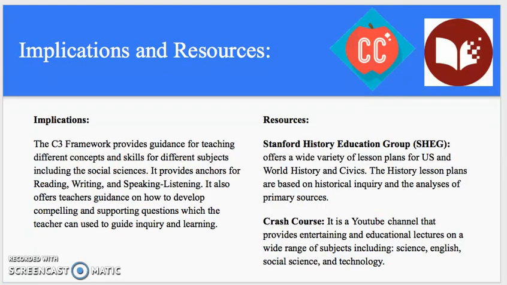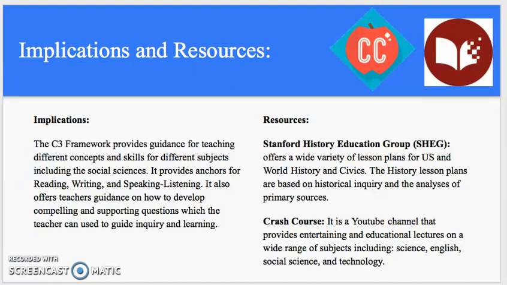So there are implications for the C3 framework. It's meant to provide guidance to teachers on how to incorporate different concepts and skills into their different subjects, in our case, the social sciences. So for instance, we've talked about using evidence and resources when students are making arguments and doing the writing.